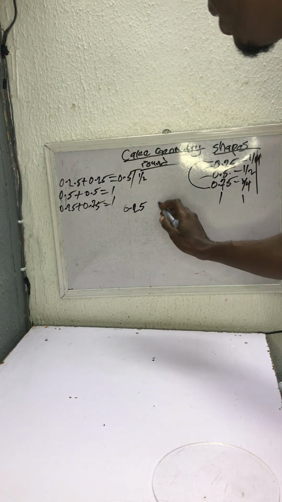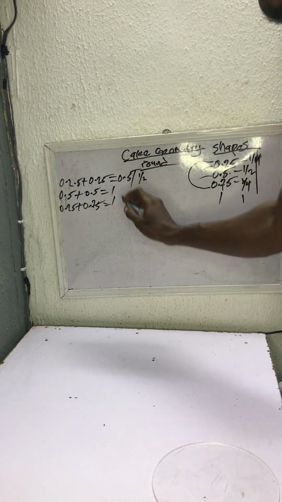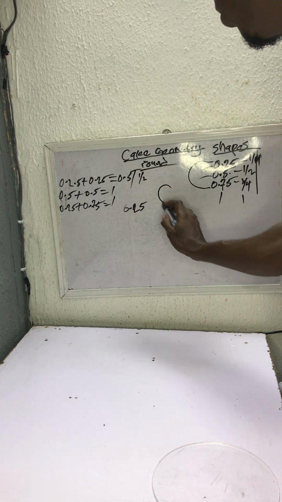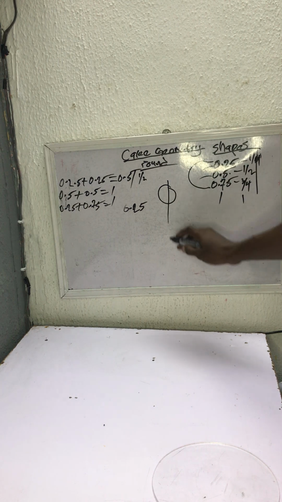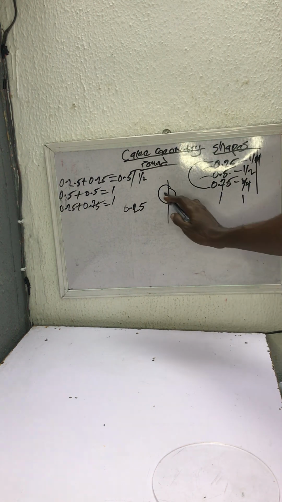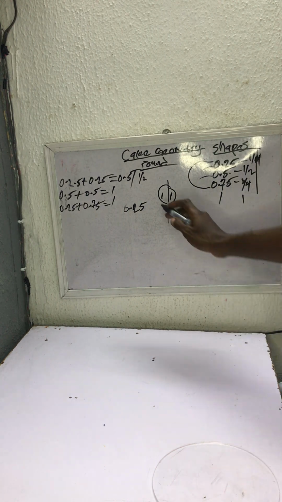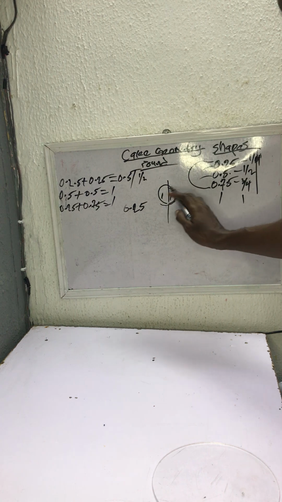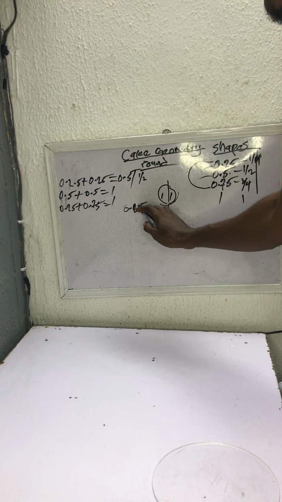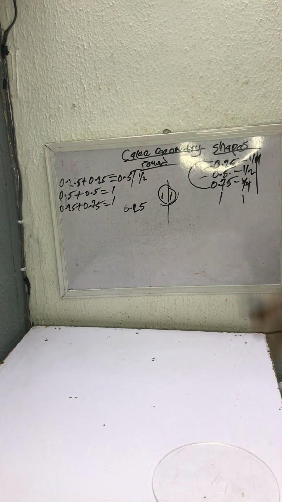By the time you take 0.25 round, what I mean by this is circle, this circle is divided into two parts, this is one, this is another one.